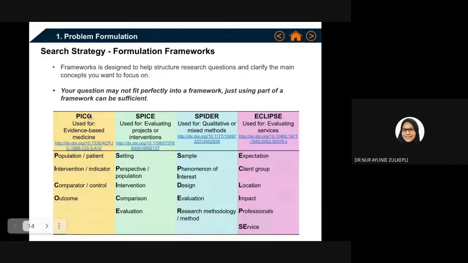Okay, so you can use what we call PICO, SPICE, SPIDER, or ECLIPSE. For PICO, usually for evidence-based medicine, P is for population or patient, I is intervention or indicator, C is comparator or control, and O is outcome. The same goes for SPICE, SPIDER, and ECLIPSE. So these abbreviations will help you for your search strategy.